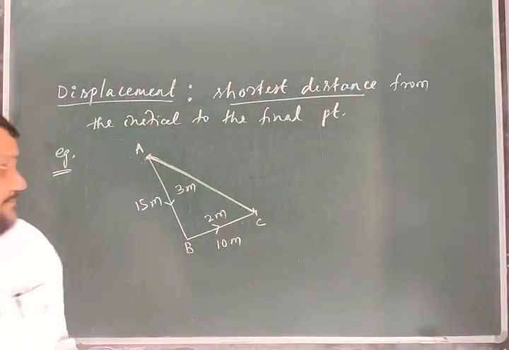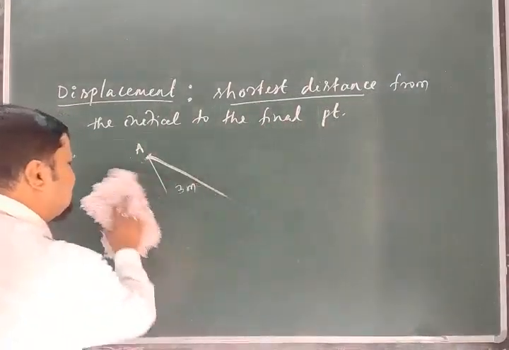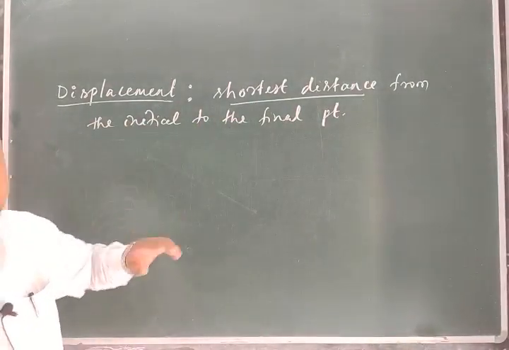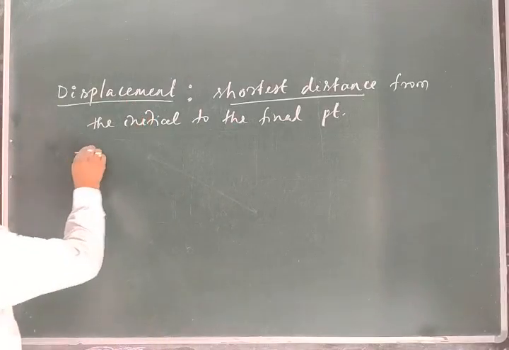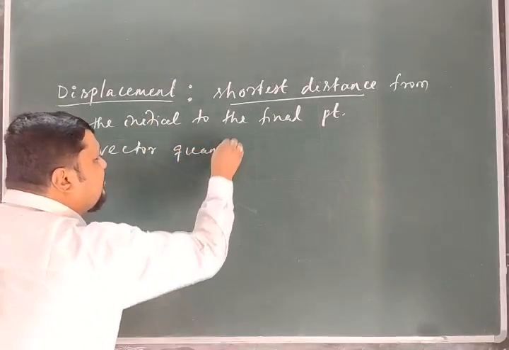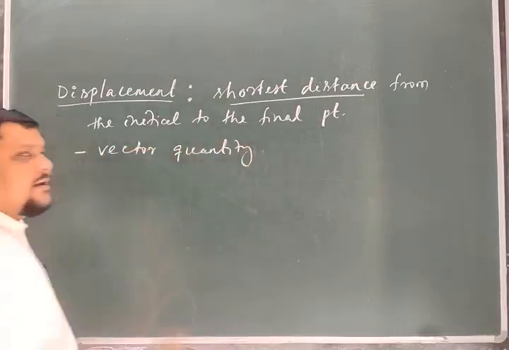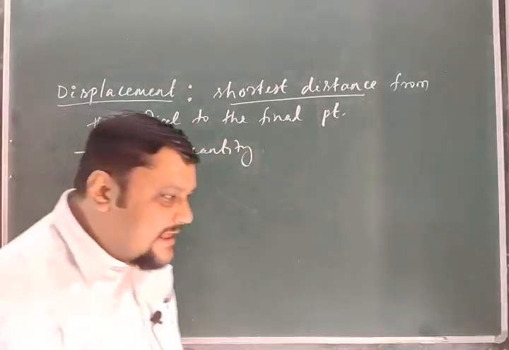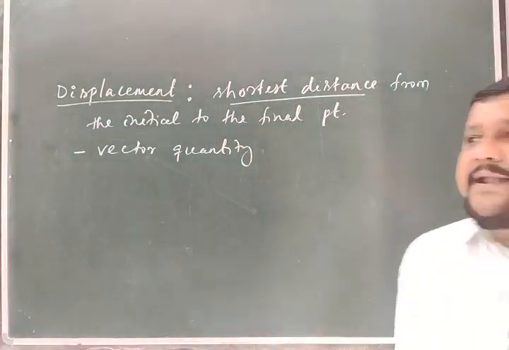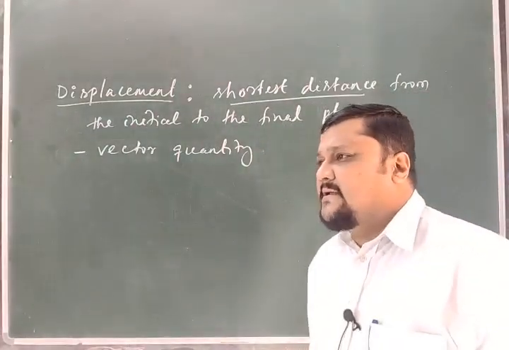Since this is concerned with the initial and the final point, obviously this is a vector quantity. Vector quantity in the sense it has magnitude, meaning it has size, and it has a direction.